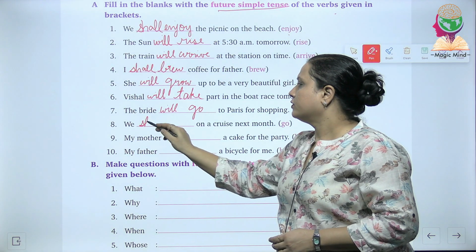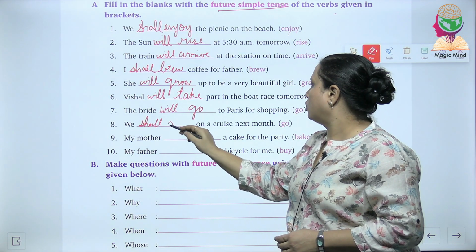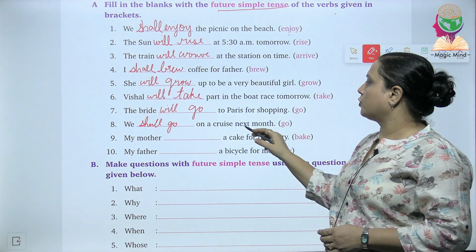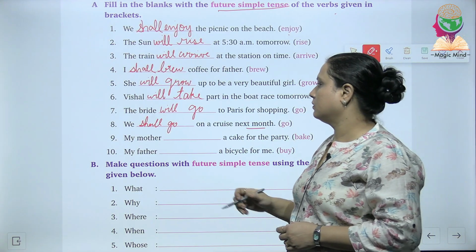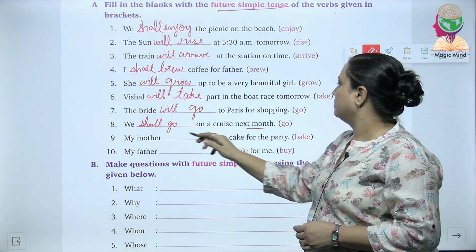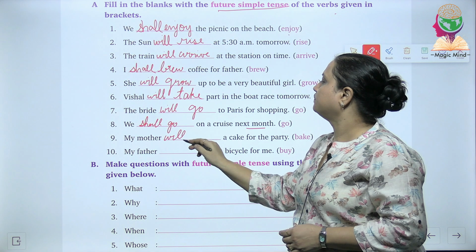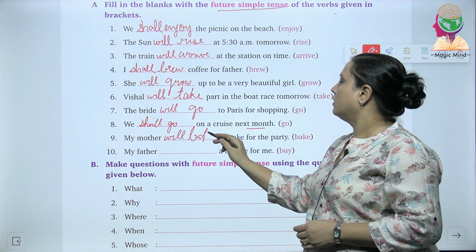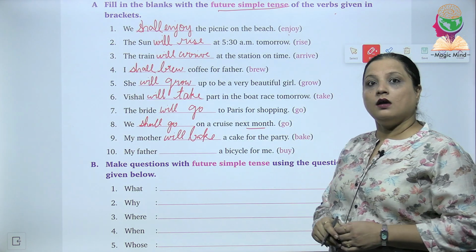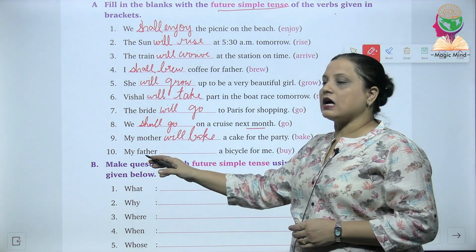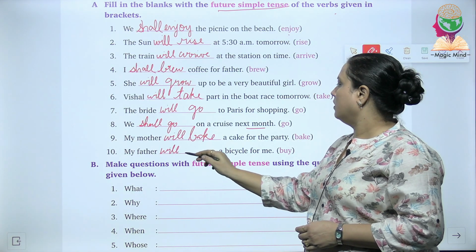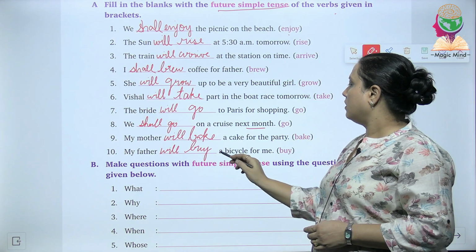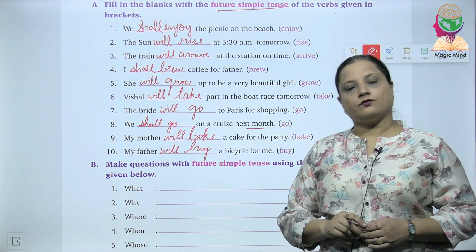We shall go on a cruise next month. My mother will bake a cake for the party. The last one, my father will buy a bicycle for me.